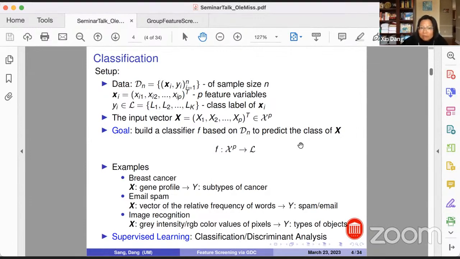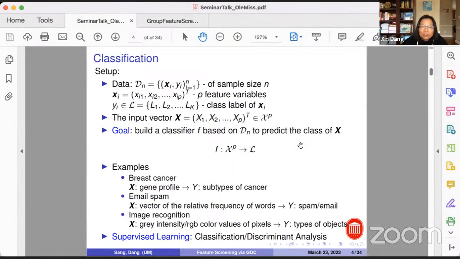I give 3 examples. Your X is the gene profile, and you want to predict the subtype of this patient's cancer. Or you want to predict whether an email is spam or regular email using the vector of relative frequency of words in the email.